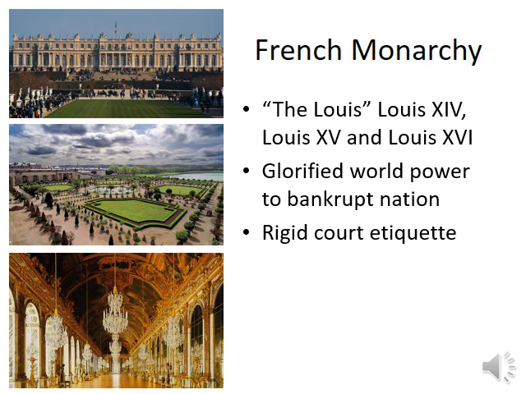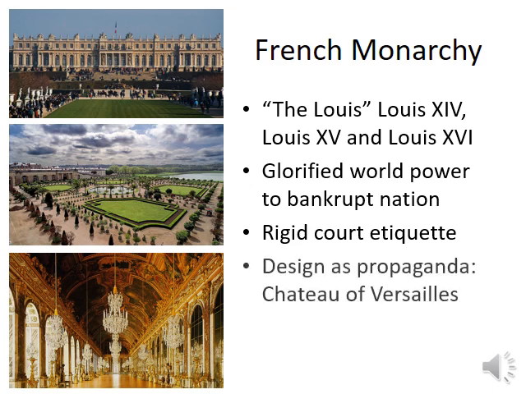And what I mean by that is there were a series of events and behaviors that not just the king and the royal family had to adhere to, but the rest of the sometimes 2,000 people that were also living out at Versailles. And this tied in directly to one of the chief concepts behind the design to come out of the French monarchy, and we refer to this concept as design as propaganda.